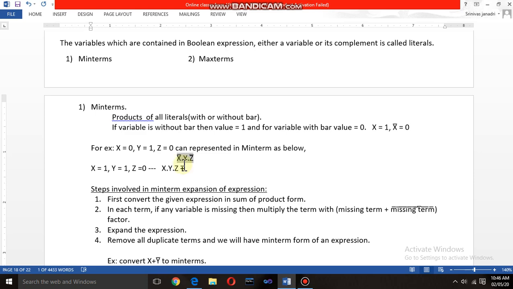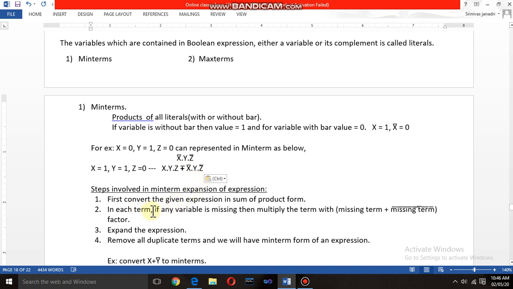I am copying this here: this is one min term and this is one min term, and the sum of these two products, which are min terms, has to be written like that. First, convert the given expression into sum of products form.